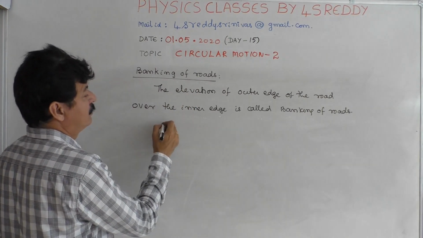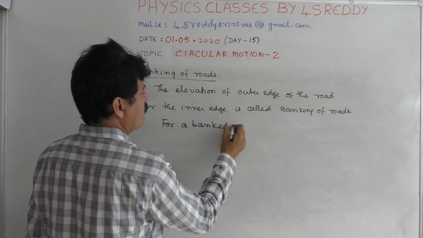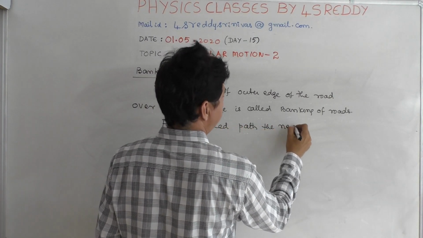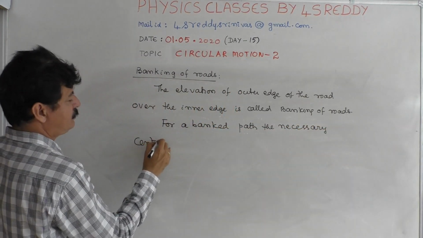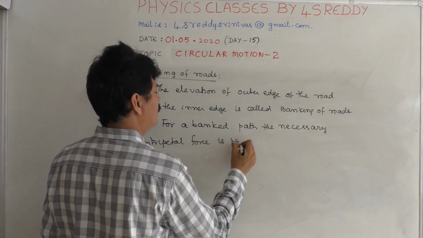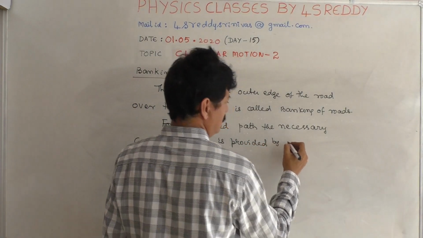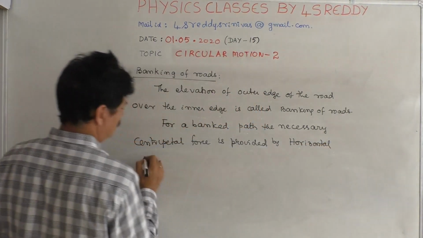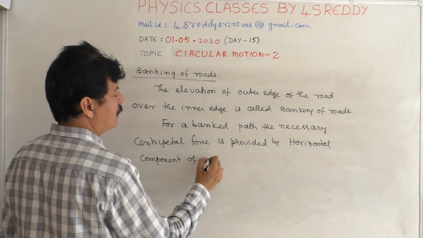Understand? For a banked path, the necessary centripetal force is provided by the horizontal component of normal reaction.